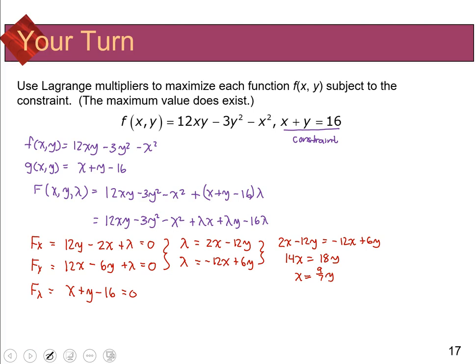So if I come down to the partial derivative with respect to lambda's formula, I'm going to have 9/7 y plus y minus 16 equaling 0, which is going to give me 16 over 7.